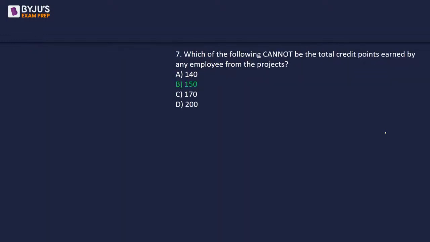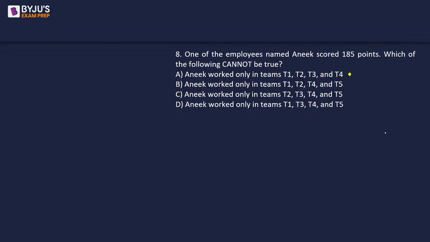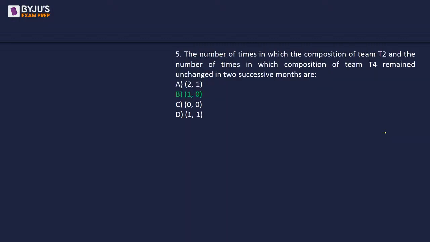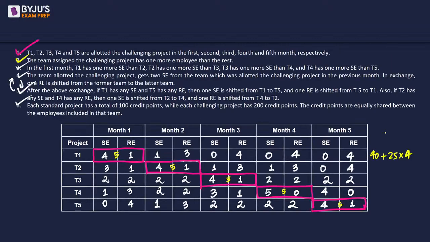But it says only 3 particular teams, T1, T2, T3 and T4. It's not in a particular month.